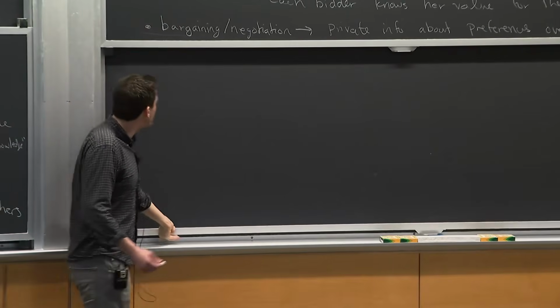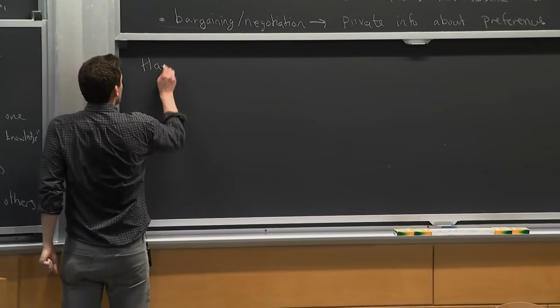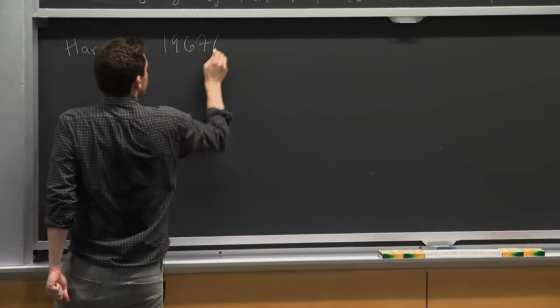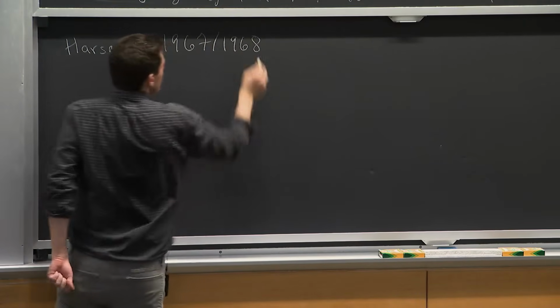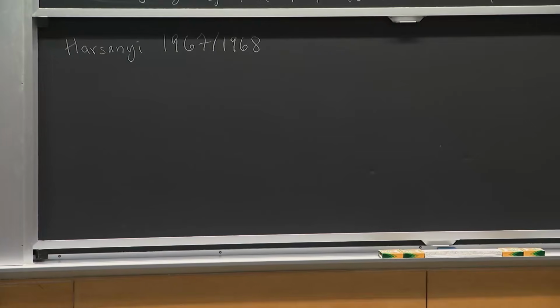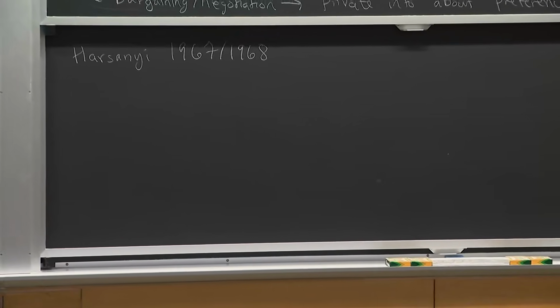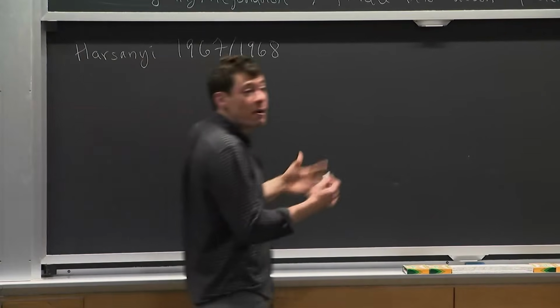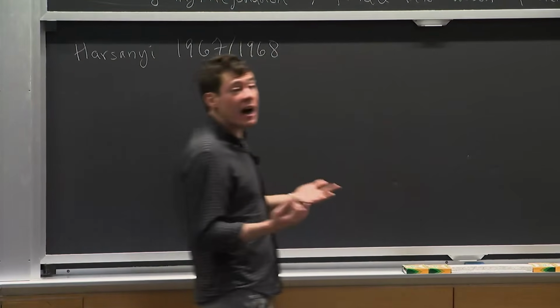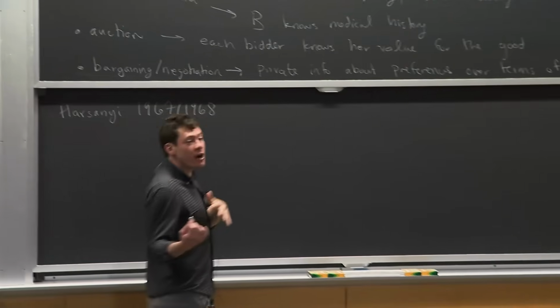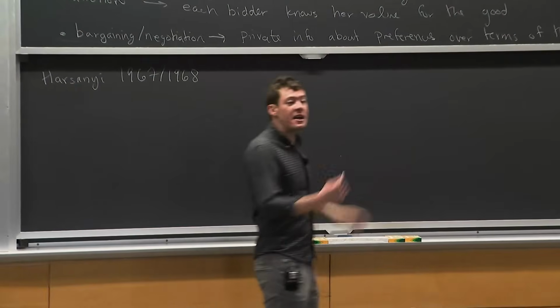The breakthrough came with Harsanyi in 1967, 1968, who presented a framework for analyzing situations like this using game theory. I think this was a turning point in game theory, where before that it was largely studied by mathematicians. Once people realized that this is the right way to think about health insurance markets or bargaining, all of a sudden economists became much more interested in it, and the nature of the field shifted.